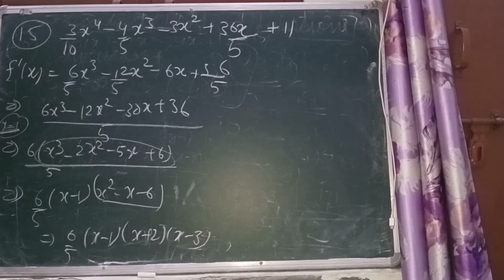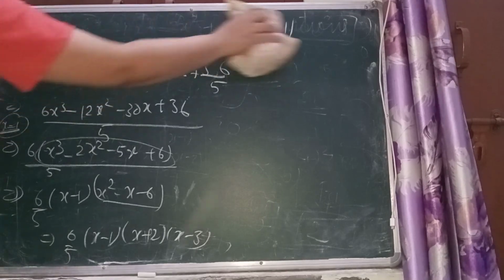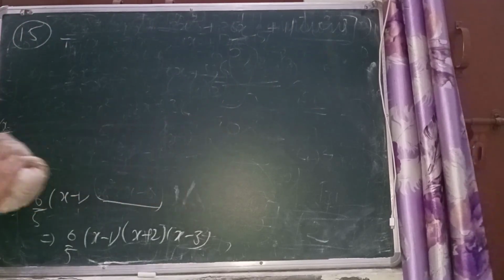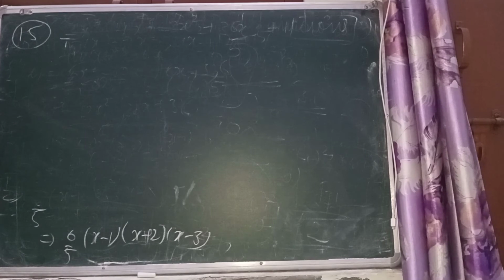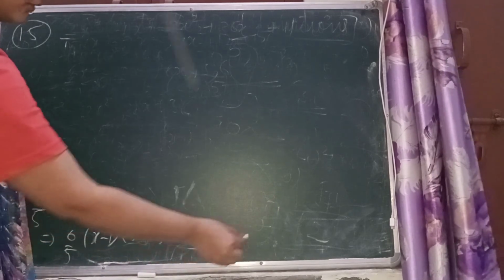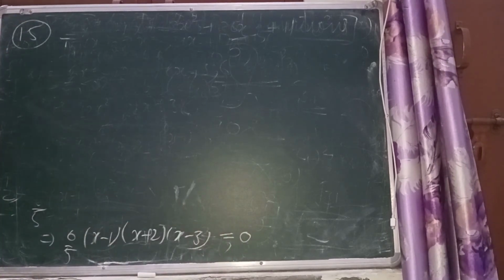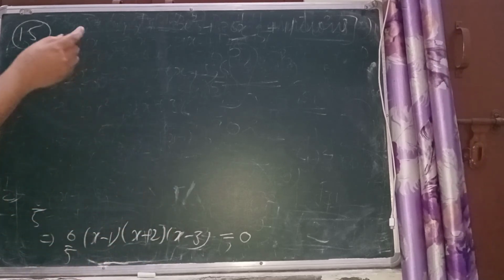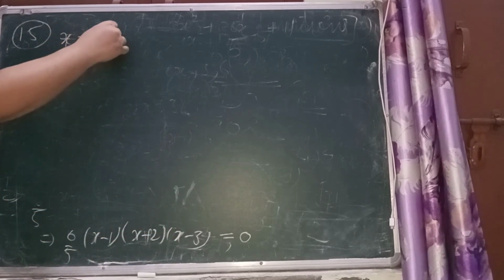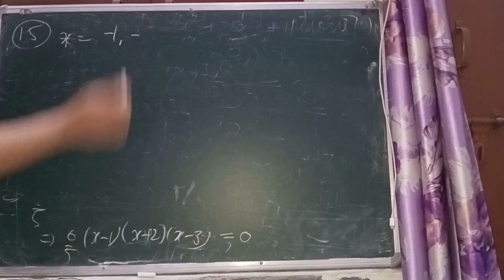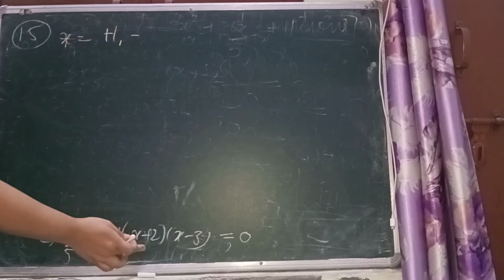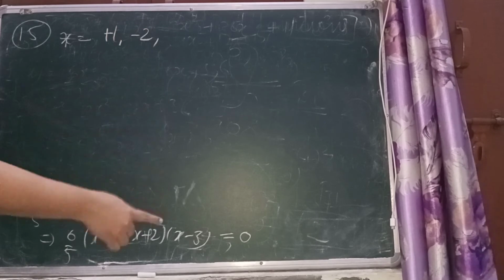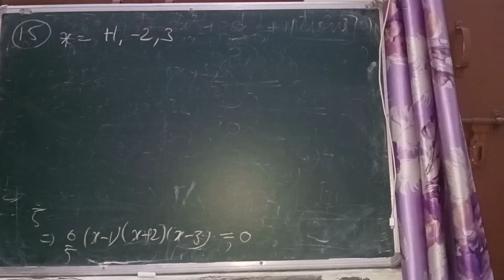So here we will get our critical points. Our critical points come when we set it equal to 0. So our critical points are x = 1, x = -2, and x = 3.